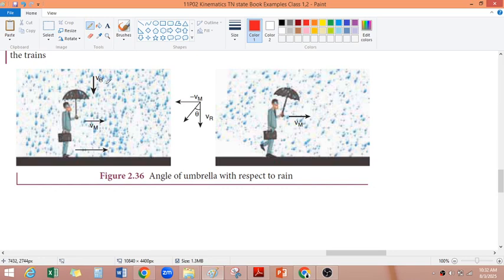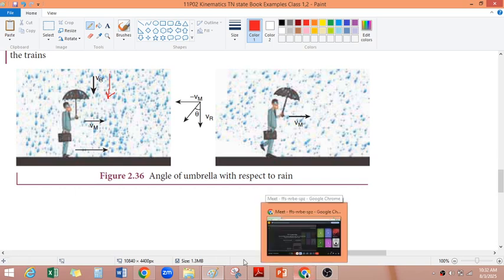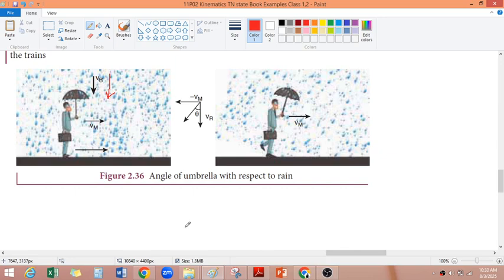The rain is falling vertically downwards, so we call this VR. The man is walking in the horizontal direction. If I hold the umbrella straight, I will get wet, so we tilt the umbrella.